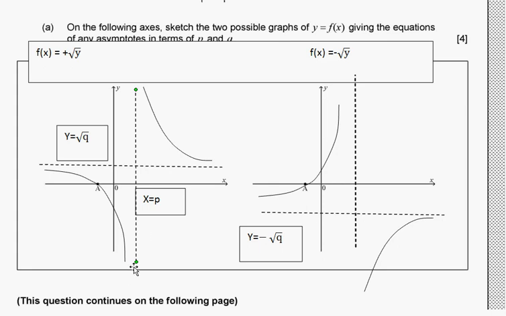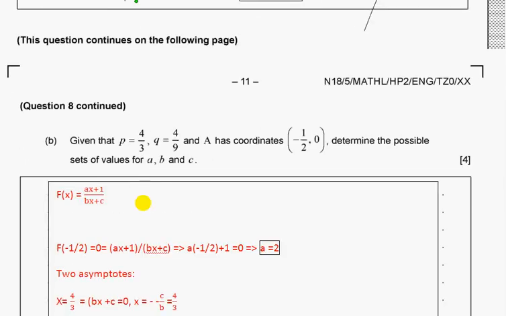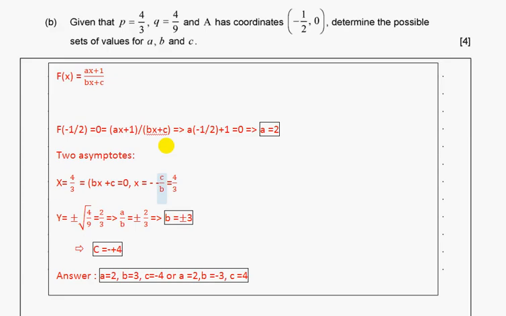Given that p equals so much, q equals so much, and A has coordinates, determine the possible sets of values for a, b, and c. So at minus half, f equals 0, and we get a equals 2. We have two asymptotes, x equals 4 over 3, and this asymptote comes from the fact that bx plus c equals 0.